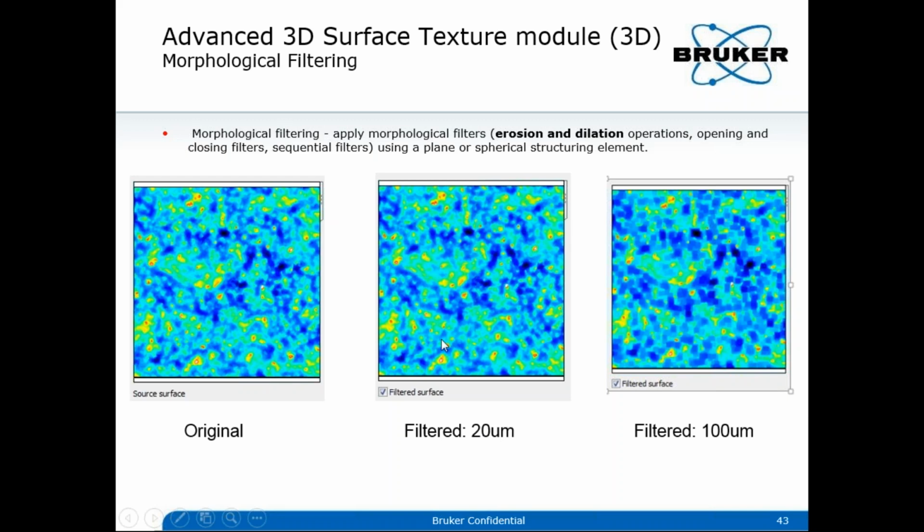If you use a 100 micron stylus, an even bigger stylus, the surface will look like this. So there is the original, the filtering using the 20 micron, and the filtering using the 100 micron, to simulate the surface should it be scanned using a stylus method.